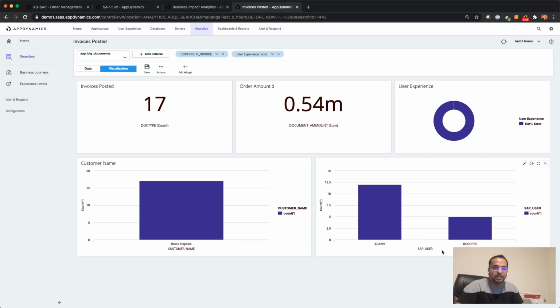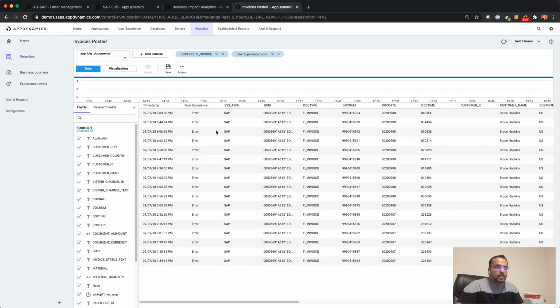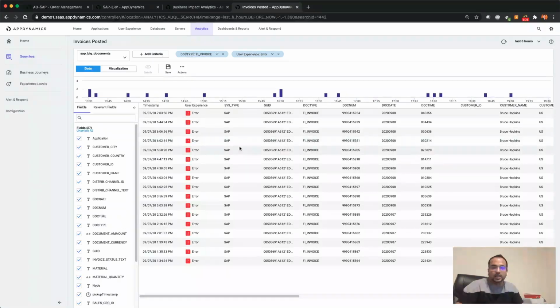And we also see that there are two SAP users that are having this particular issue when trying to move this document from one business process step to another business process step. Again, drilling into the data tab, it gives us enough information to hand over this particular issue to the basis teams, to the operations teams, and to help them understand what the problem is.